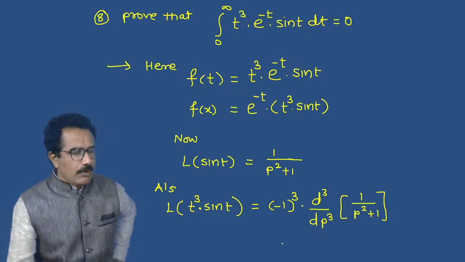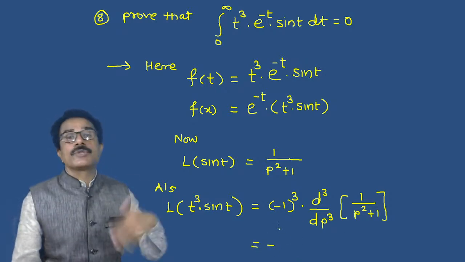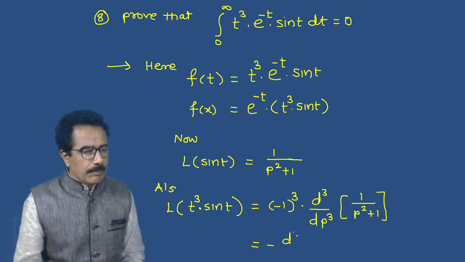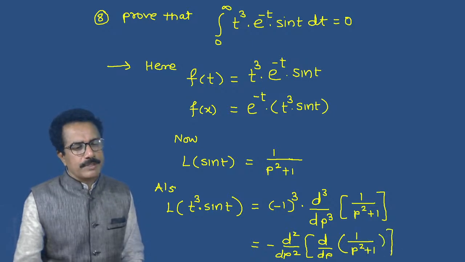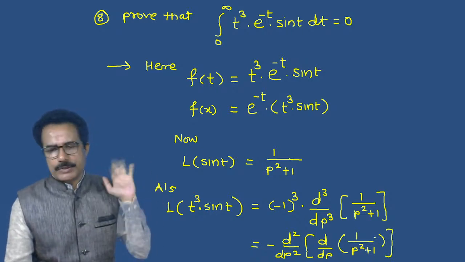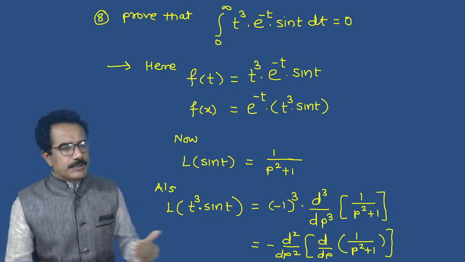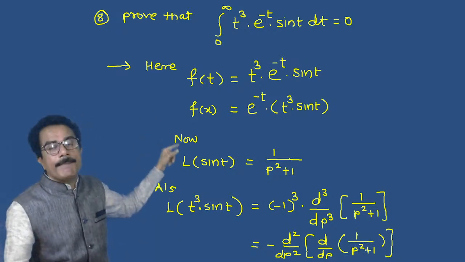Is it okay? Now calculate this. We can write this minus 1 as it is. Minus 1 cube means minus d 3 by dp cube, which is d 2 by dp square of d by dp of 1 upon p square plus 1. Before calculating the third order derivative, we have to take the first order derivative. Now see what its derivative comes out to be, like the derivative of 1 upon f of x.